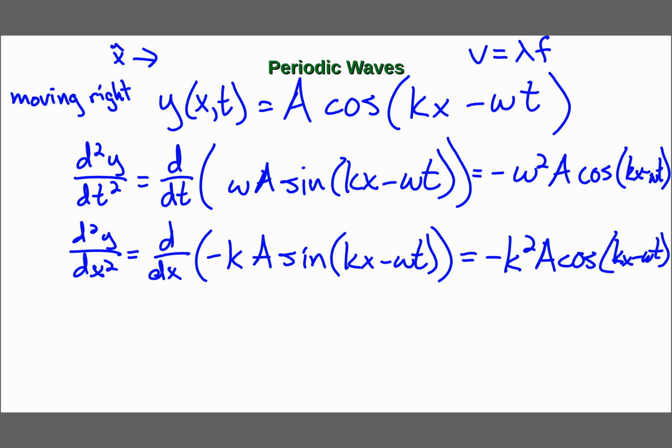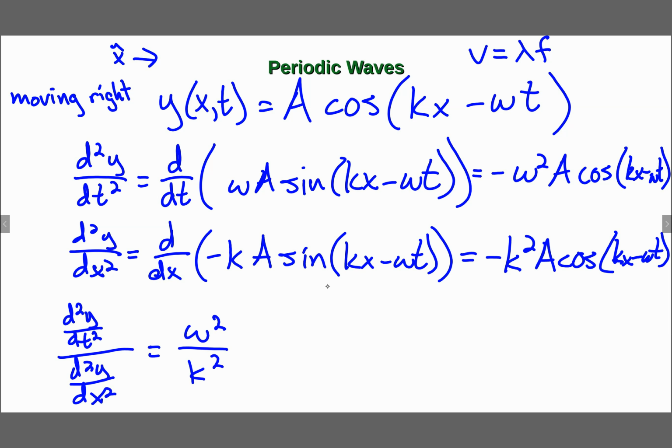And then if I take a ratio of these two things, I'd have d squared y dt squared over d squared y dx squared is equal to this stuff on the right? And the a's and the cosines cancel, and what I get is omega squared over k squared.